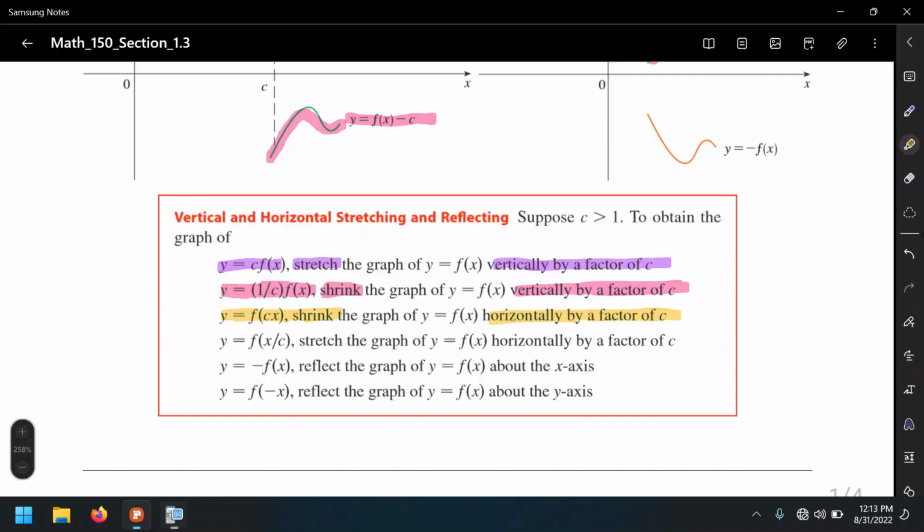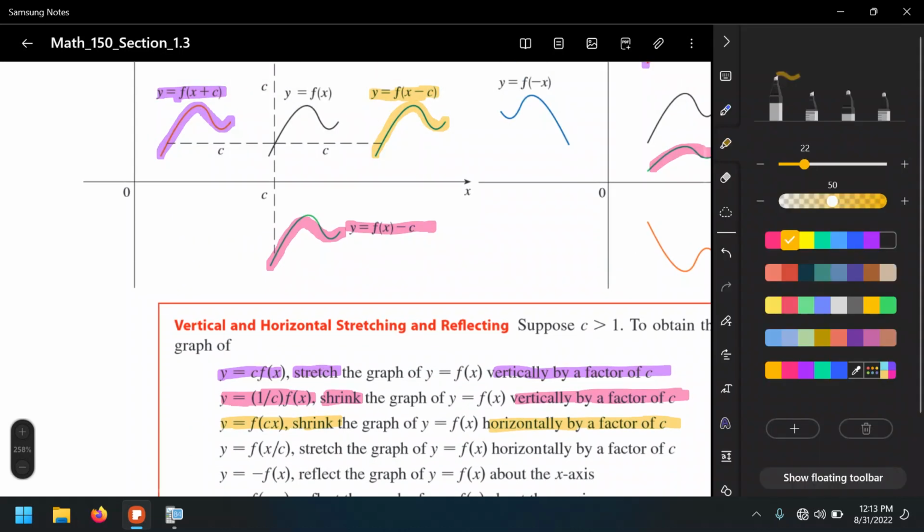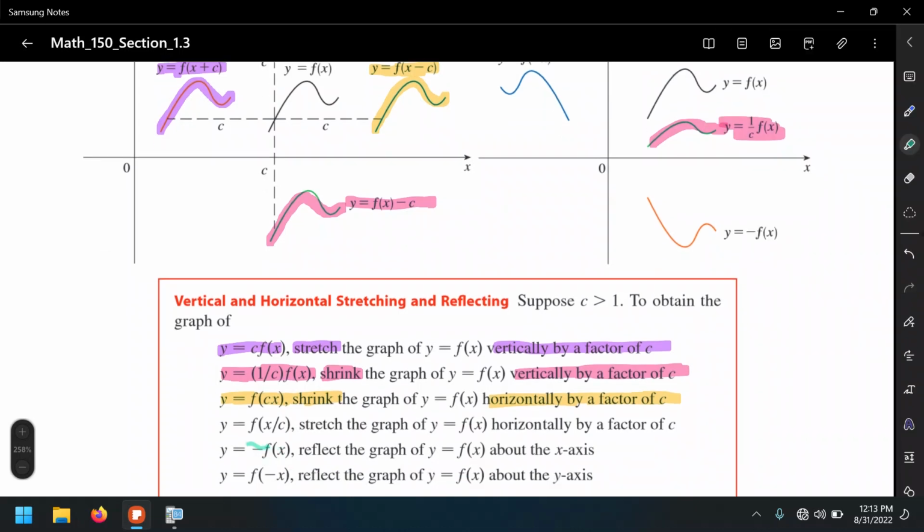Okay, what's next? Oh, the next is the reflections. We already saw about this when we change the sign of a function. Changing the sign in front of a function reflects the graph about the x-axis. That is, reflect about the x-axis.